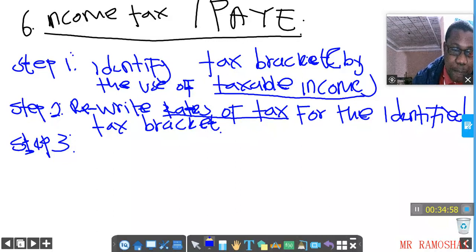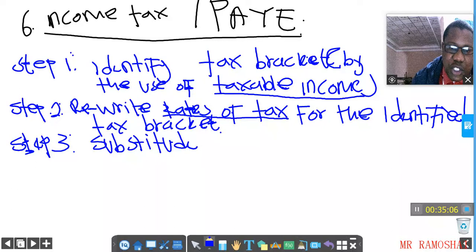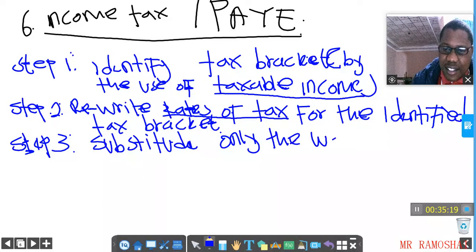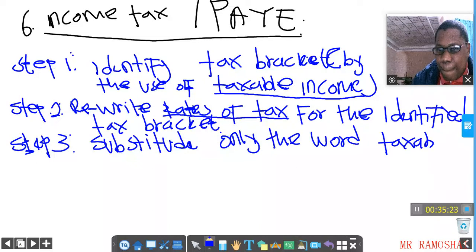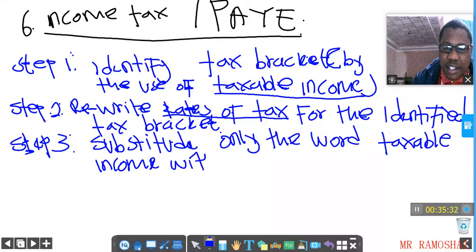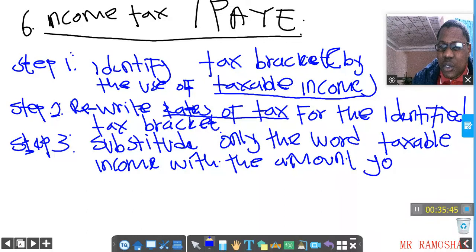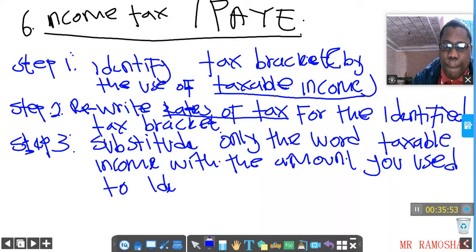In step number 3, you substitute only the word taxable income with the amount you used to identify the bracket.